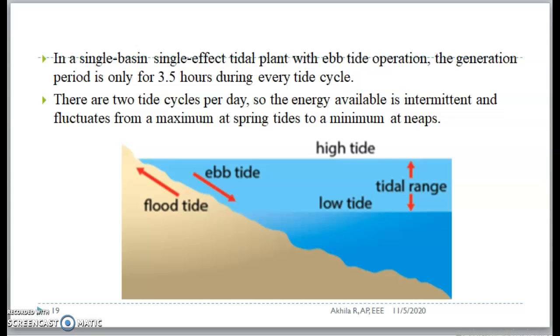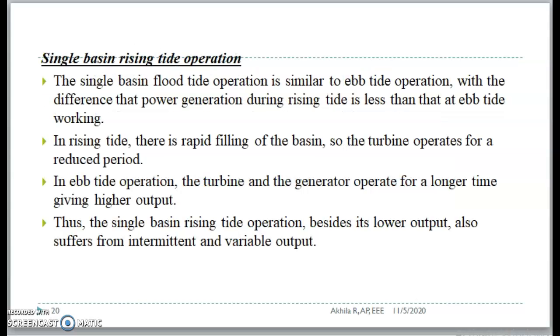In a single basin single effect plant, the generation period is only 3.5 hours during every tide cycle. With 2 tide cycles per day, the energy available will be intermittent and fluctuates from a maximum at spring tides to a minimum at neap tides.